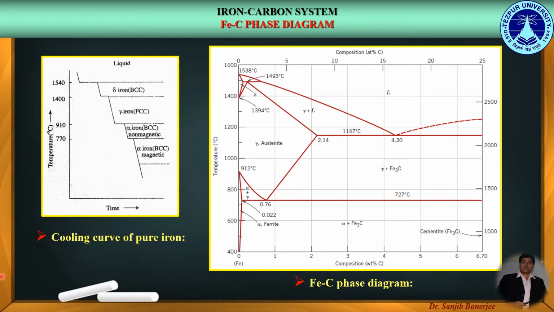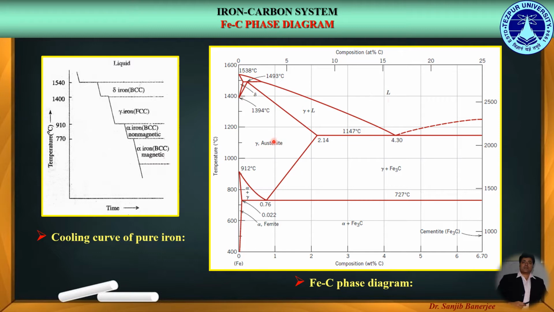To come to the next phases, in between the ferrite phase and the cementite phase, we get the combination of ferrite and cementite, which is actually layers of ferrite and cementite termed the pearlite phase. Here we get the uniform liquid phase.